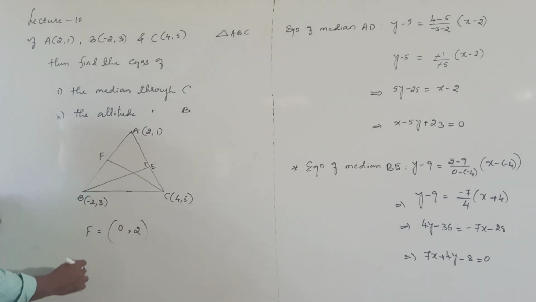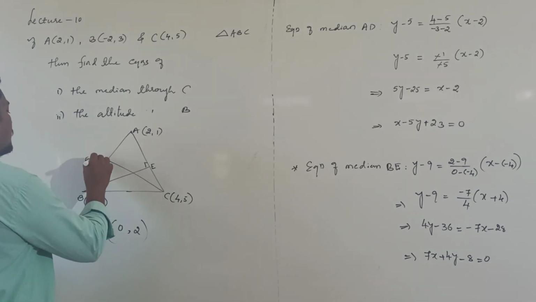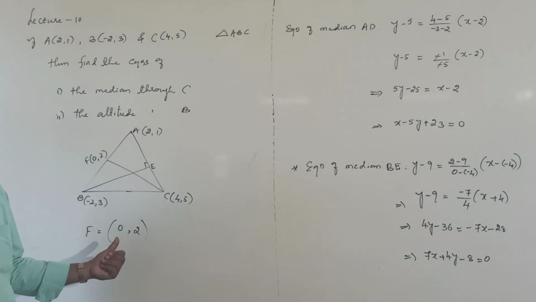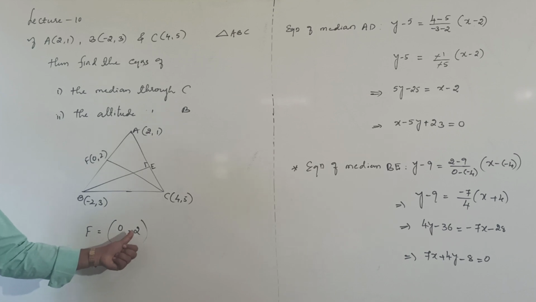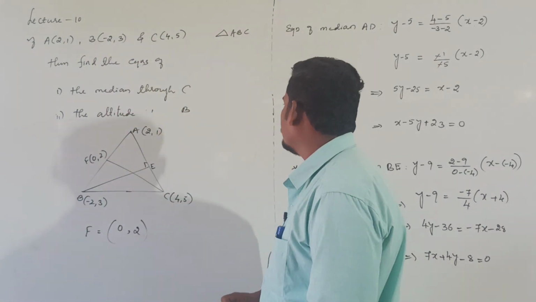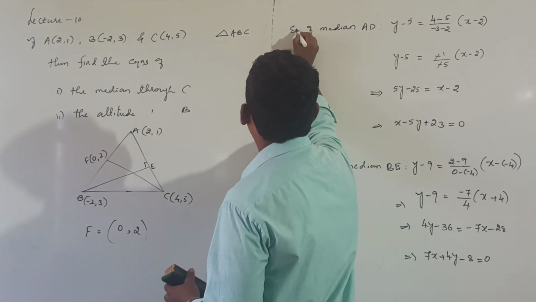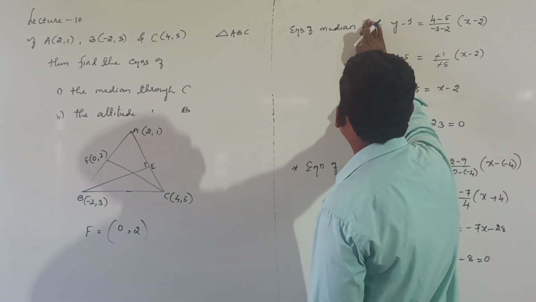What are the coordinates of F? 0 comma 2. I have written it directly, right? You can use the formula x1 plus x2 divided by 2 comma y1 plus y2 divided by 2. Then you get 0 comma 2. Now find the equation of median CF equal to.